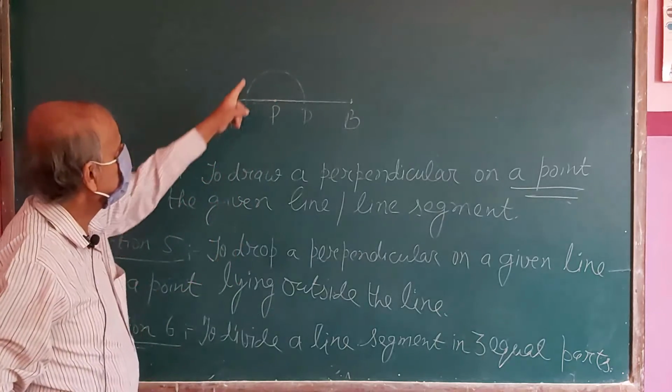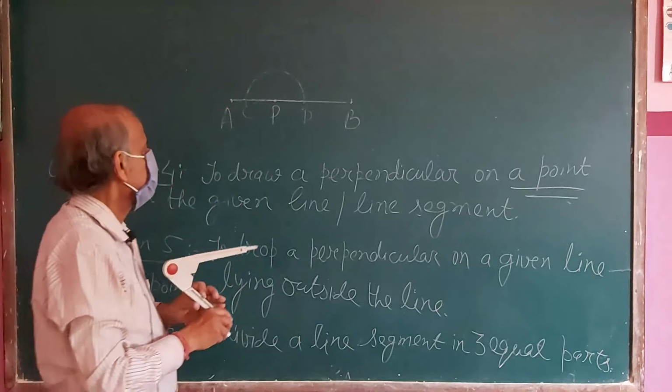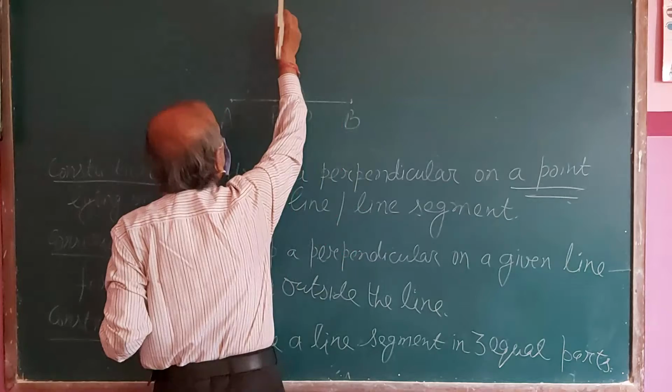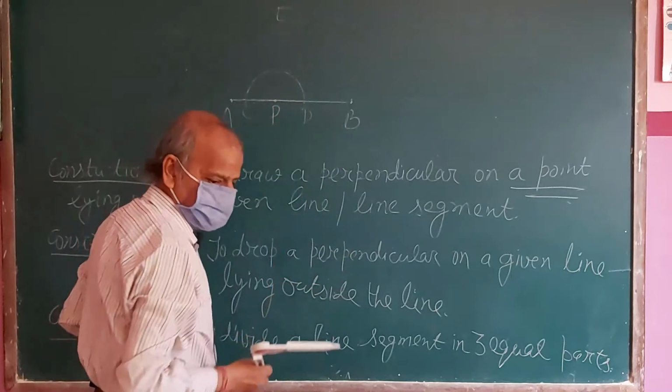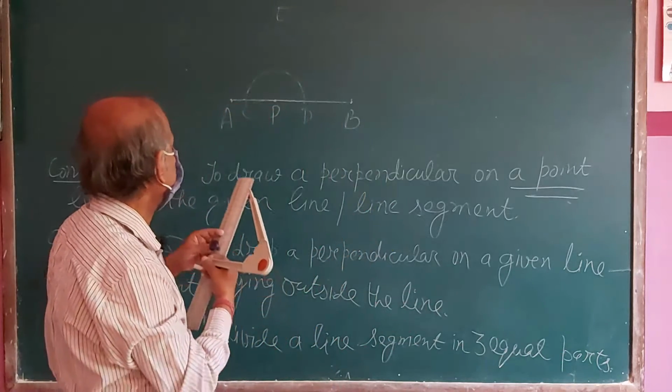You will see that these two arcs are meeting at a point, say E. If you join EP, then you will get 90 degrees, which will be the perpendicular line.